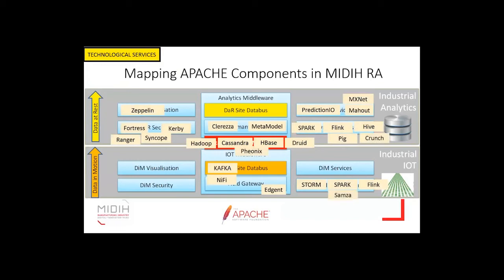And so, again, if you say that your application is based on Kafka, is based on Flink, on Spark, on Cassandra, or whatever, this is perfectly admissible, and it is compliant with MIDIH.